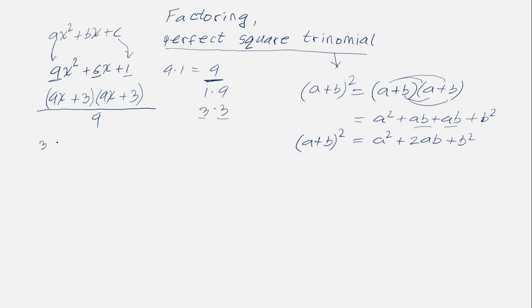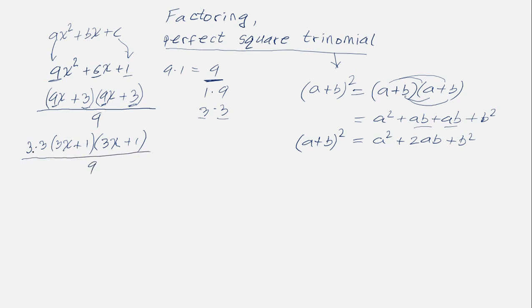So we factor 3 out of here, so this becomes 3x and then this becomes 1. And then when we factor 3 out of these two, so another 3 comes out, then we end up with another 3x plus 1. And then we'll still have divided by 9.